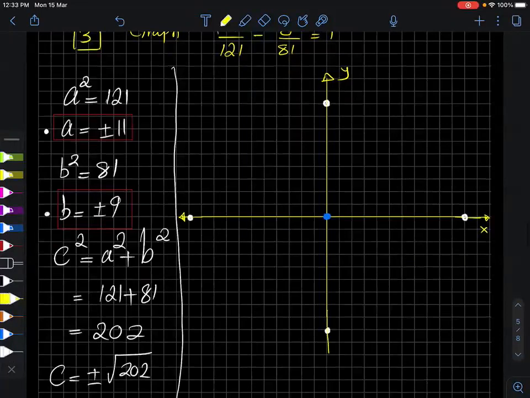This is the y-axis. Then connect these points to form a rectangle. Draw the rectangle.